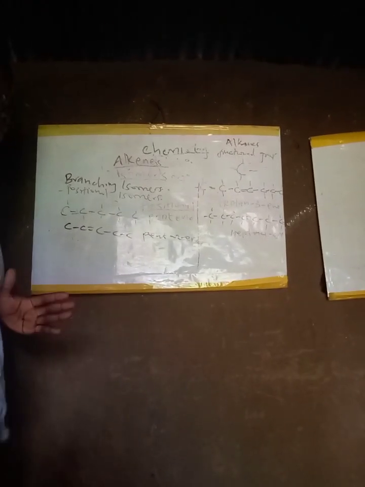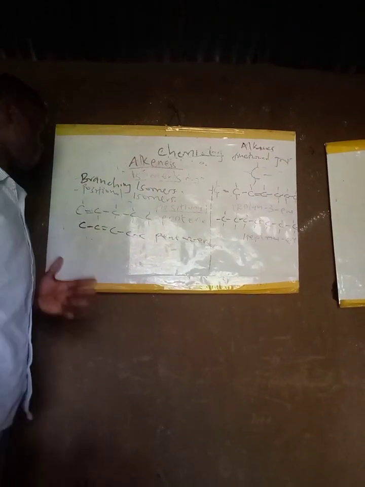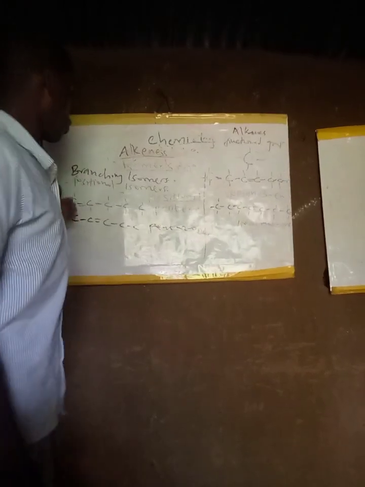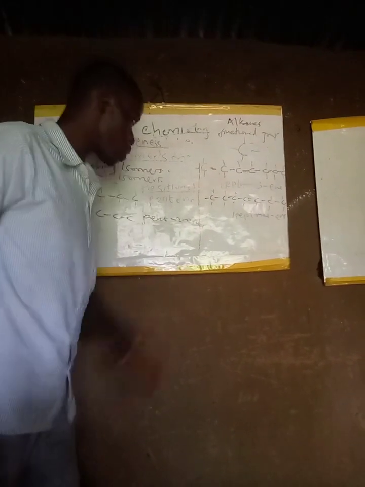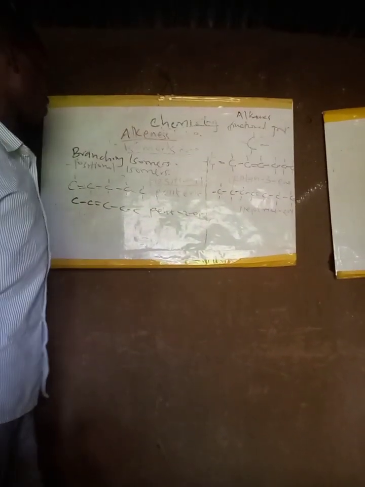It is upon you to write that compound in a structural formula for you to identify whether we have the double bond, whether you can shift the branch or the bond. Then ensure that you know how to differentiate between branching isomers and positional isomers. That is also a common question.